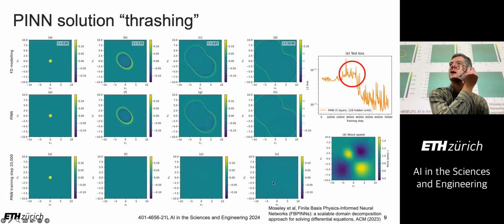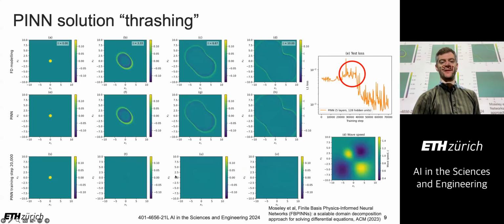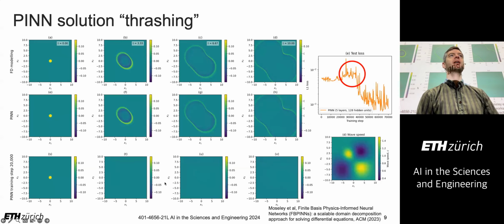Can anyone remember why this might be the case? Why did we decide this was happening? Yeah, at the back. Yeah, exactly. For the underlying wave equation here, a trivial solution is that u equals 0 everywhere. So this whole part of the domain, from t equals 0.01 all the way to the end of the domain, is satisfying the PDE residual term in the loss function.